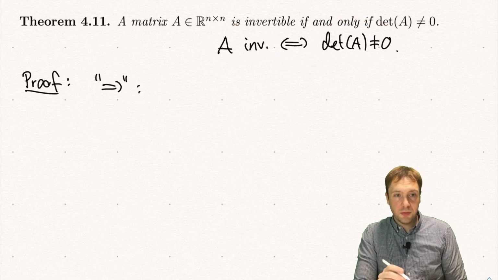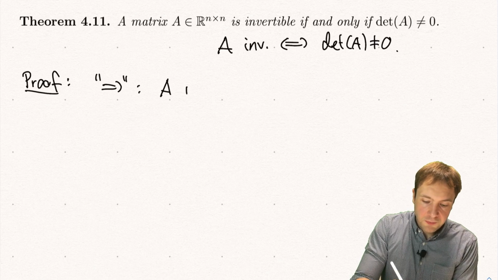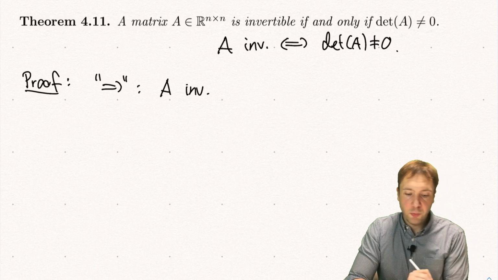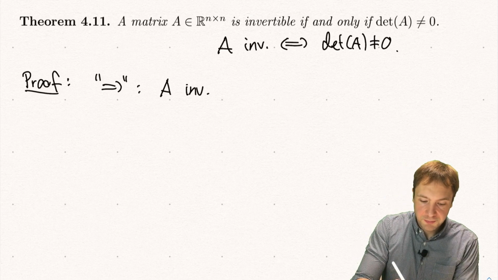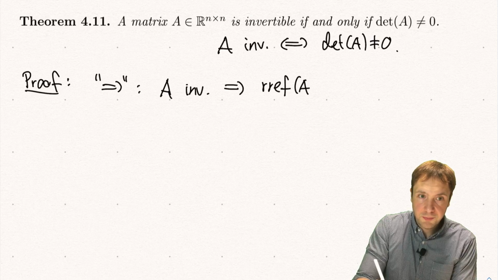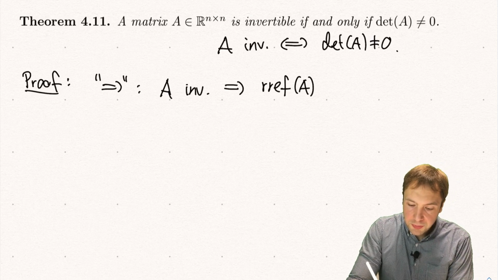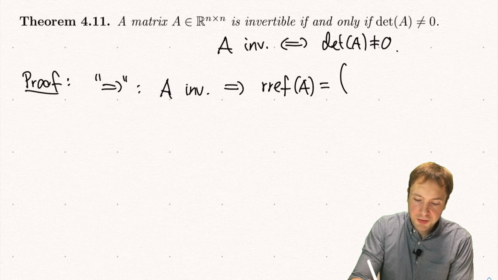So A invertible, we learned in linear algebra 1, means that the row reduced echelon form of A is just the identity matrix.